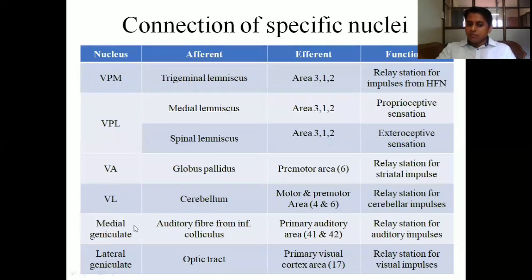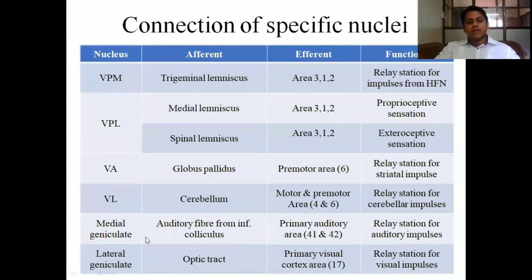This medial geniculate body gets afferent auditory fibers from the inferior colliculus. If you see the track of the auditory pathway, it comes right from the inner ear, the cochlea. From the cochlea, it goes into the cochlear nucleus in the brainstem. A few of the fibers decussate, a few fibers lie laterally. They ascend and relay at the inferior colliculus in the midbrain.